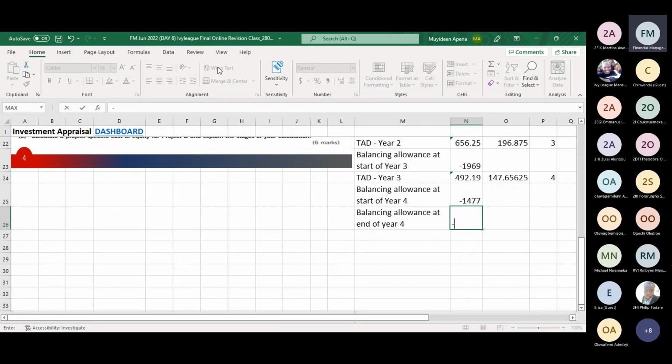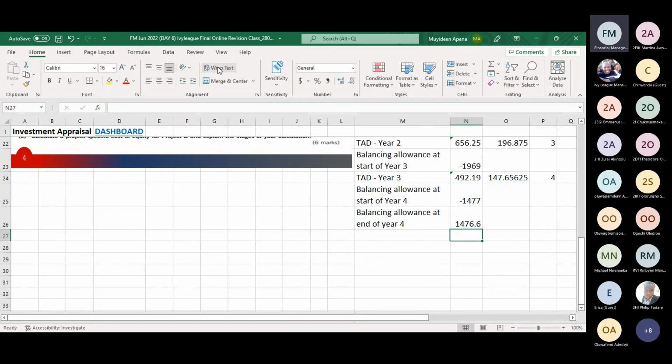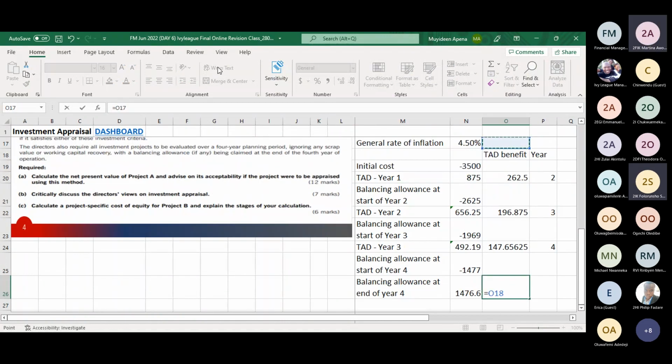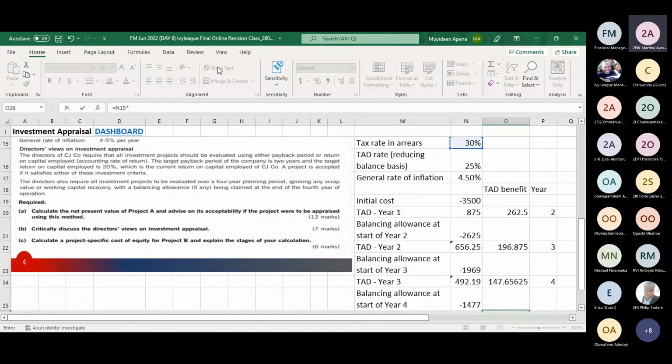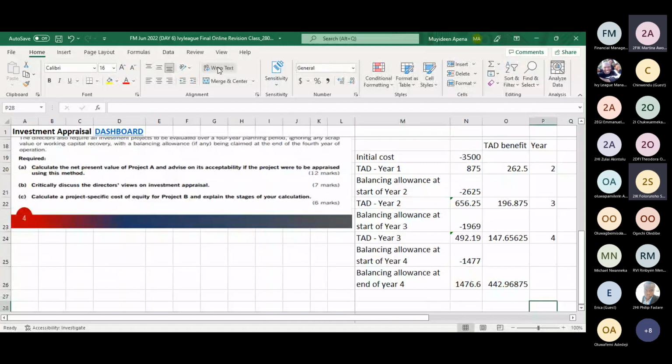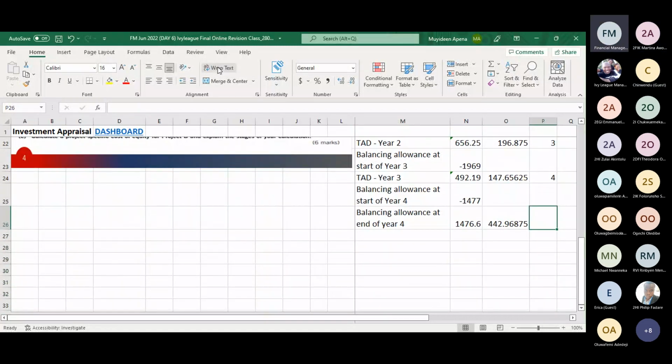So that will be equal to the positive of this, correct? And then we take 30% on that. And that will happen in year 5.